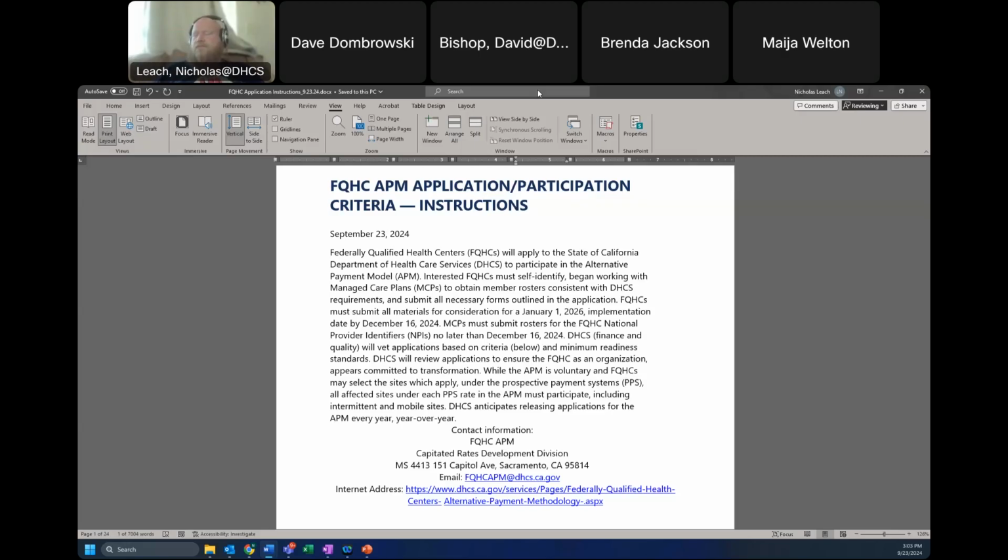the program. So first, the FQHC alternative payment methodology is a program developed to move away from the PPS structure in a world where we're still stuck with having to base everything on the PPS structure. So the idea is that sites that apply would have all of their assigned member utilization projected for a specific year.